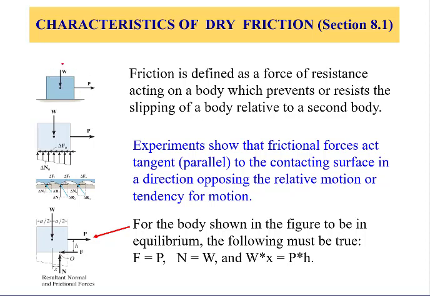So in this example, if an external force with a magnitude of P is pulling that object to the right, then we expect the resistance to come opposite to that motion, so the resistance will be in that direction, to the left, opposite to the motion of the box.